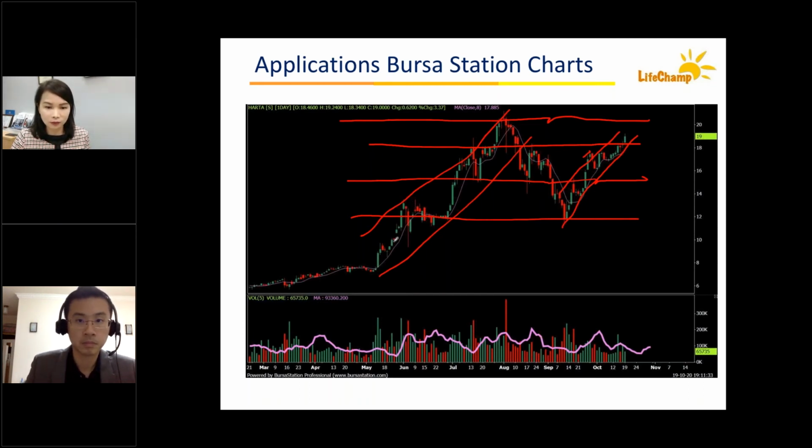This is what I call the time cycle, because I need to count the time frame of the up days and the down days, so that I know it's actually on the up cycle. Then I have to look at the retracement. How deep is the retracement? And this retracement usually uses Fibonacci. So it's a combination.